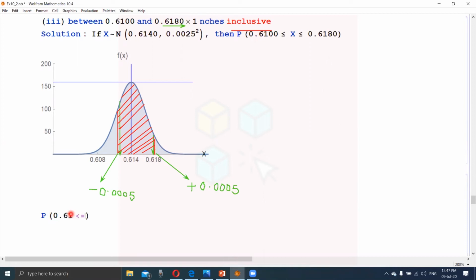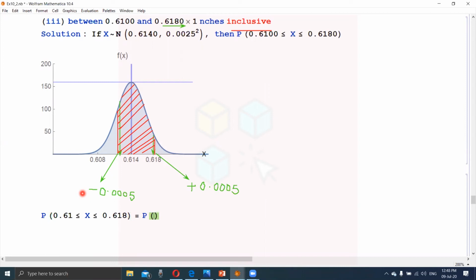Now we will find the probabilities at these 2 points after applying the continuity correction. I am writing here the area between 0.61 and 0.6180. Since there is the word inclusive, I'm using 0.61 less than or equal to x less than or equal to 0.618.